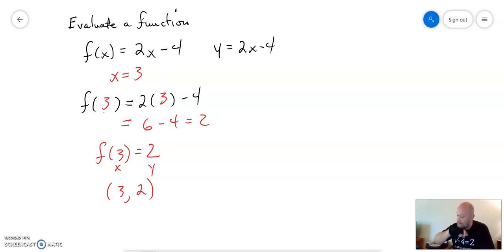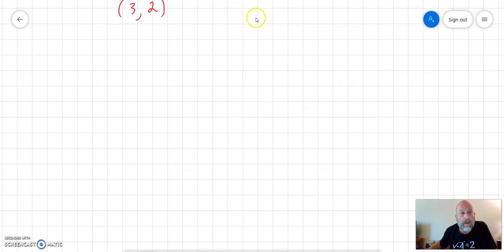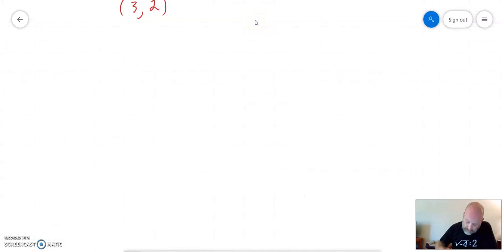Now, the way we're going to see these is a little bit different. We are going to be given a function. Let's call this one f of x, and let's say that f of x is equal to 0.2 times x.